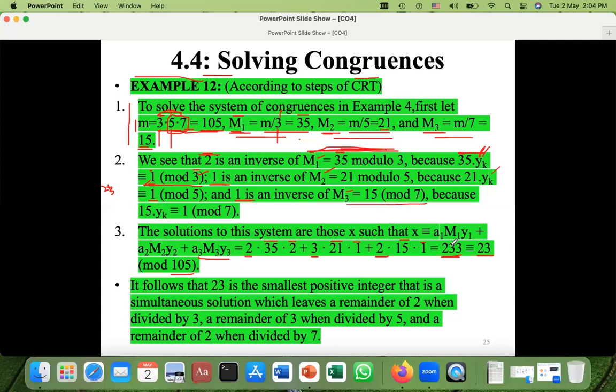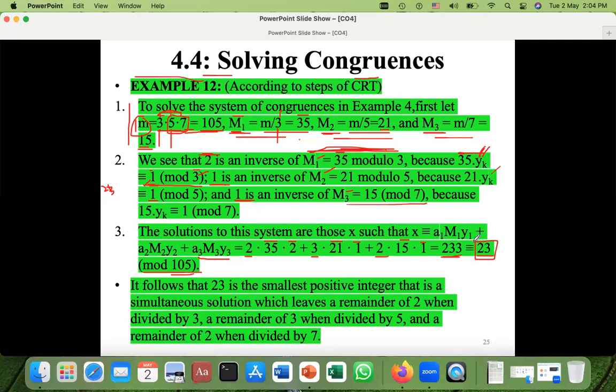So you can write 233 congruent to 23 mod 105. This is the conversion into that form. You do it by dividing with the resultant modulus M, not m1, not all the moduli. Then this is the remainder.